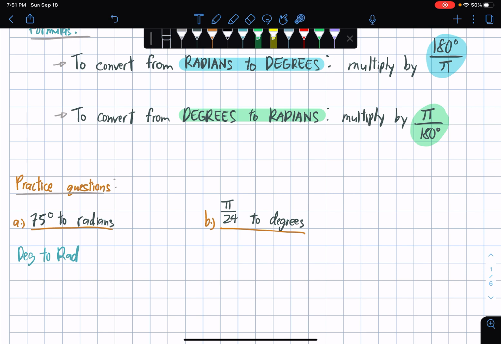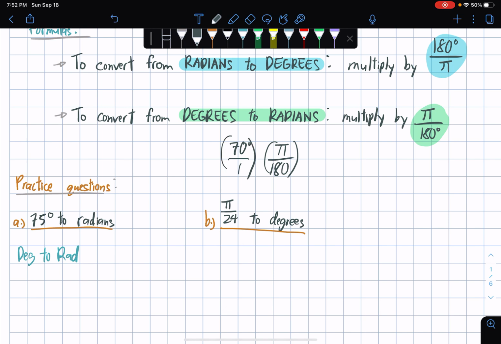By the way, I might have not introduced this formula properly, but it's just the opposite of the formula from radians to degrees. Whenever you hear an initial quantity of, for instance, 70 degrees, it has the unit degrees. Convert it to radians, just always remember that pi will always be in the numerator with the value that you will be multiplying it with.